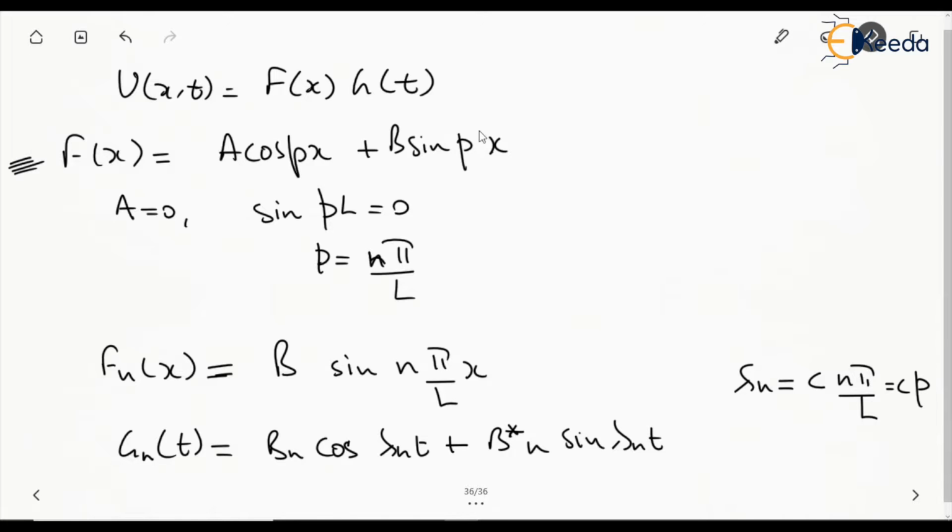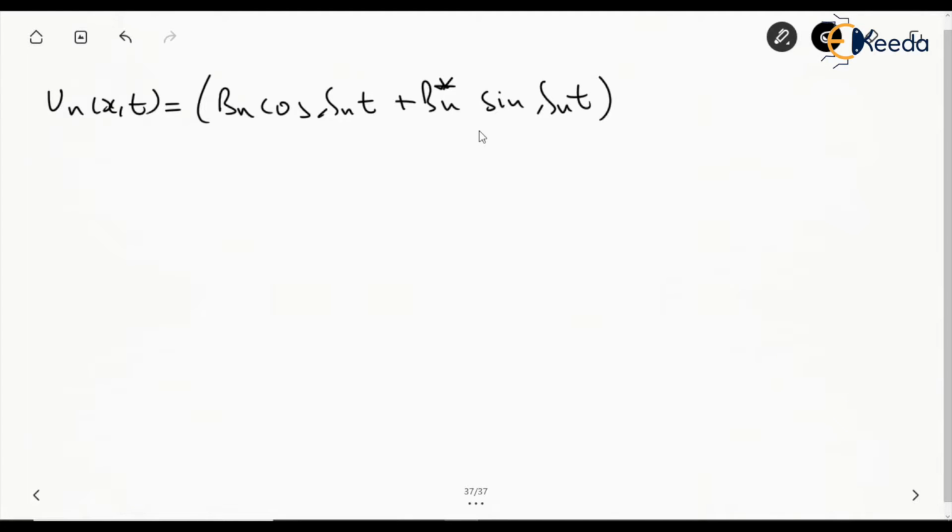So this is the G n. Now in that case, u n will be bn cos lambda n t plus bn star sin lambda n t into sin n pi x by L, for all n equal to 1, 2, 3 and so on.